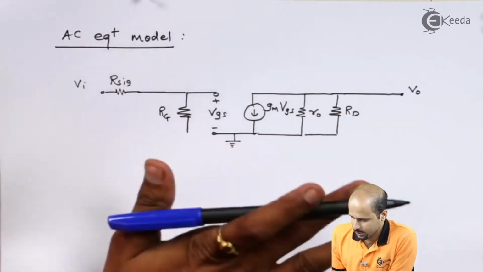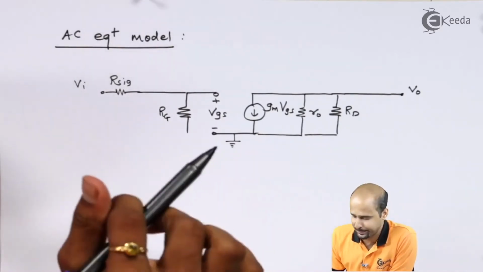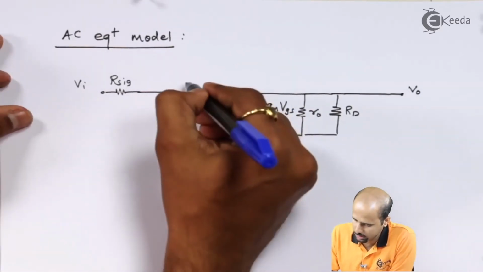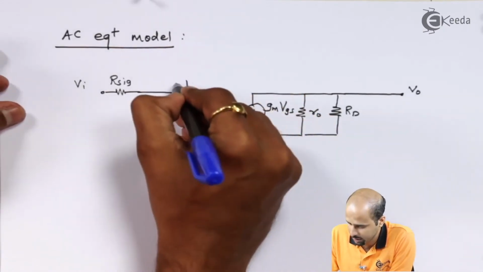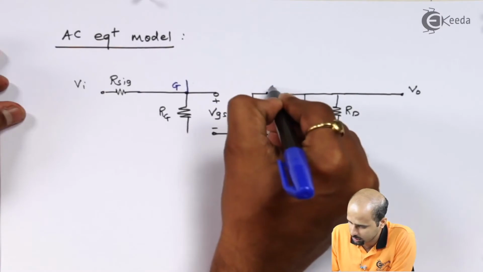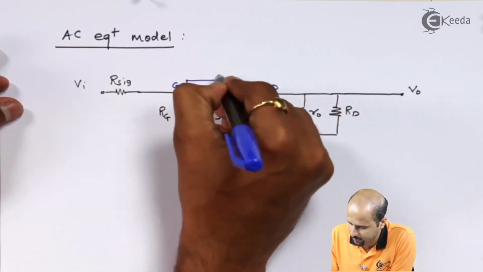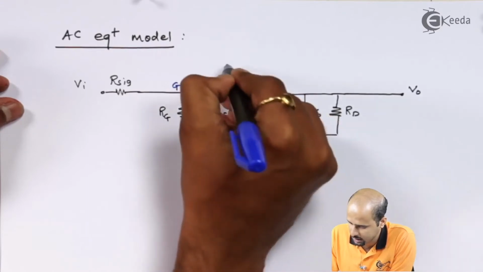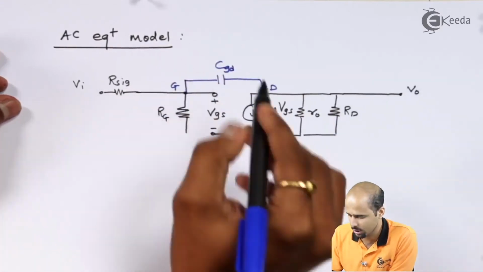As far as this AC equivalent model without capacitors is concerned, it will look like this. And I want to draw the other capacitances for the high frequency calculation, that is in between gate, drain and source. So in between gate and drain I will have one capacitor, its name is CGD.